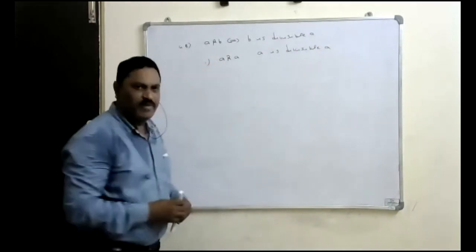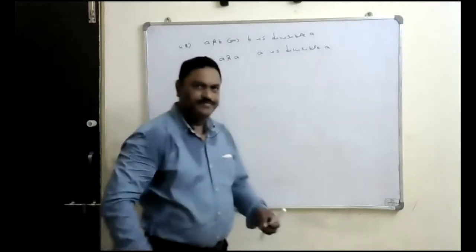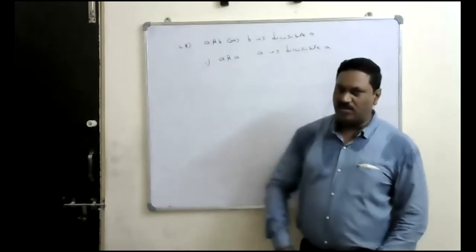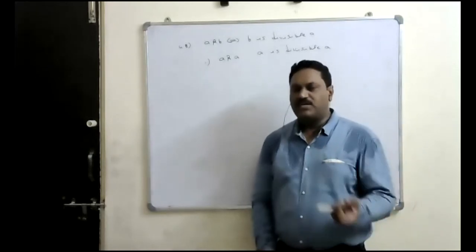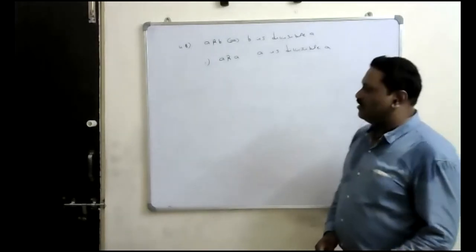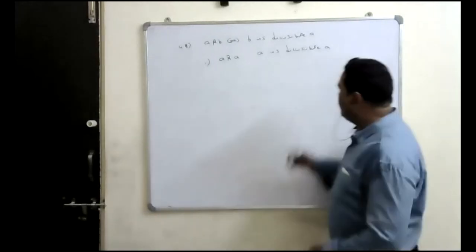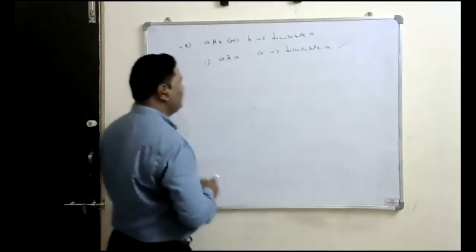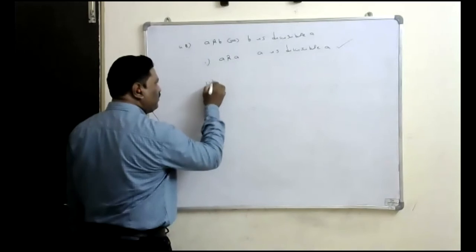Because A and B are natural numbers, we should not take 0 at all. 0 is not divisible by 0 itself, but any other number will be divisible by itself. That's why every number is divisible by itself. So it is reflexive. Now we'll see about symmetry.